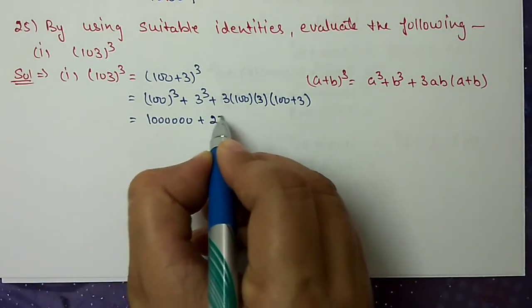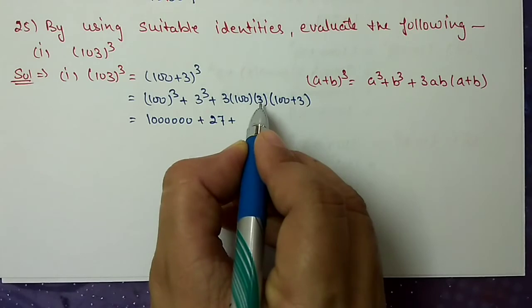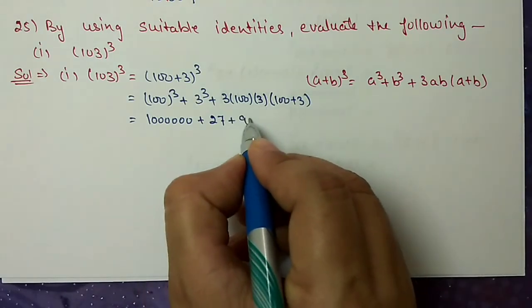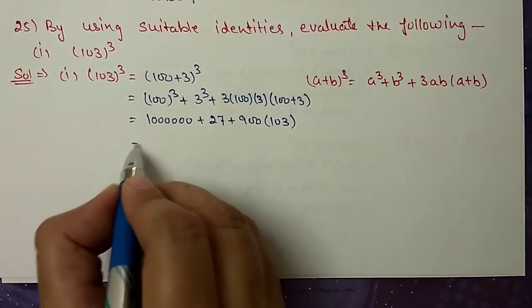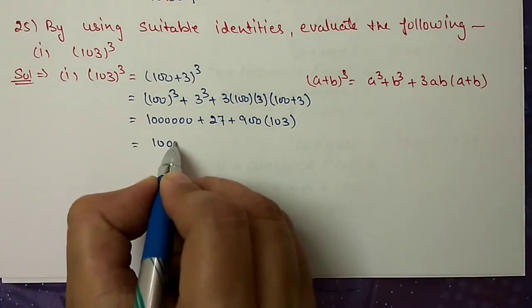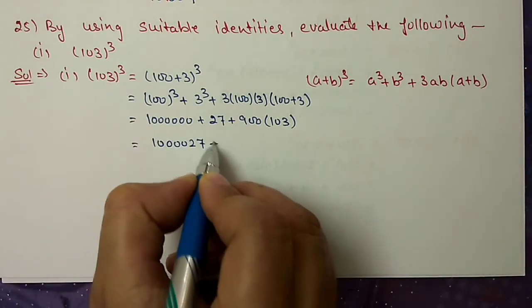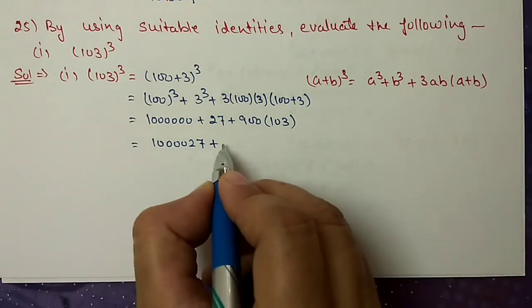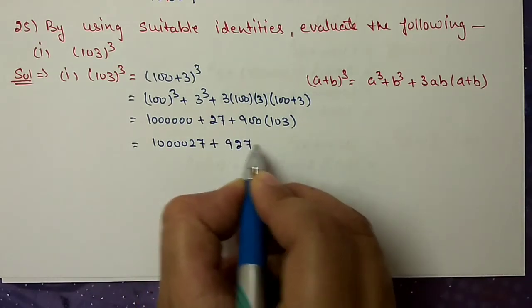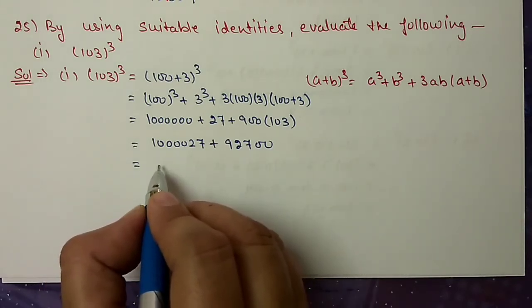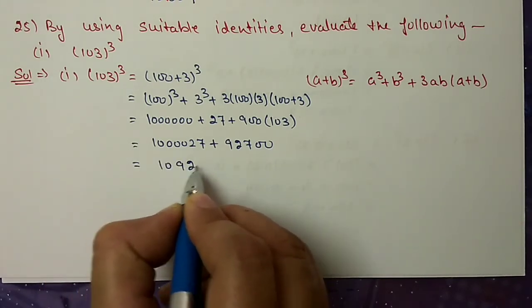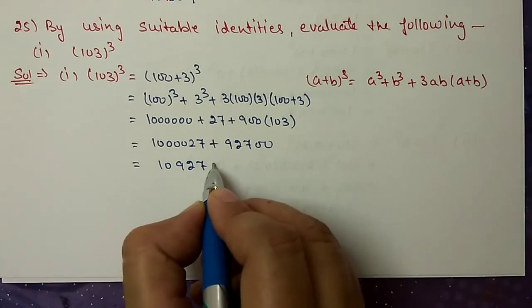Then 3 cube is 27. 3 into 3 is 9, into 100 is 900, into 103. So this will be 1000027 and multiply these two numbers, 92700. Now you can add these two numbers. You will get 1092727.